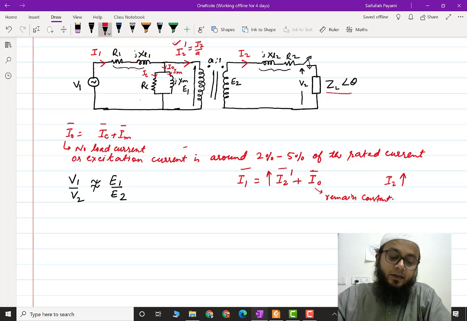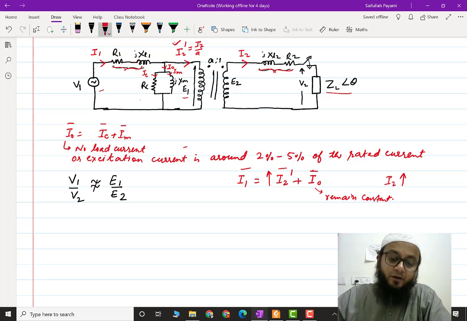The reason is there would be some drop in these series components, R1 plus jXL1, times I1. That voltage drop would be there. Similarly, there would be some voltage drop in the secondary winding as well. So E2 and V2 are not the same, and on the primary side V1 and E1 are not the same.